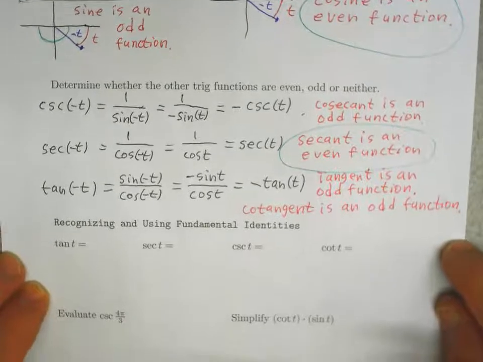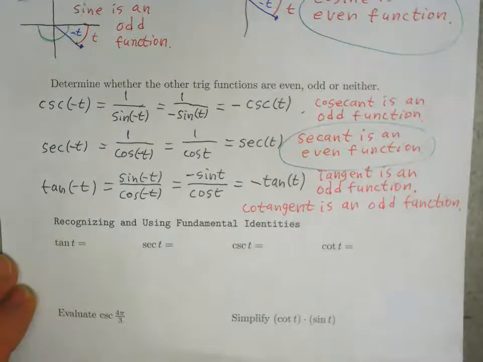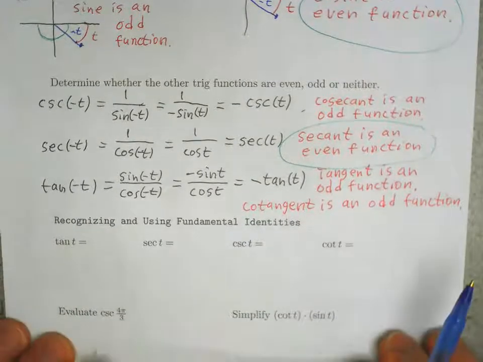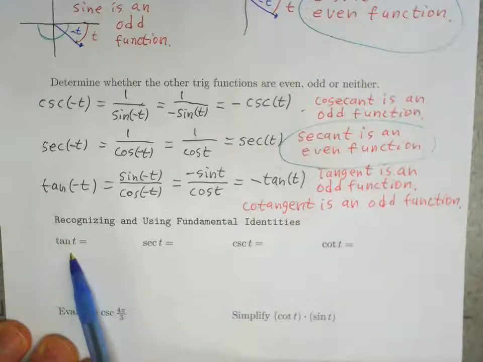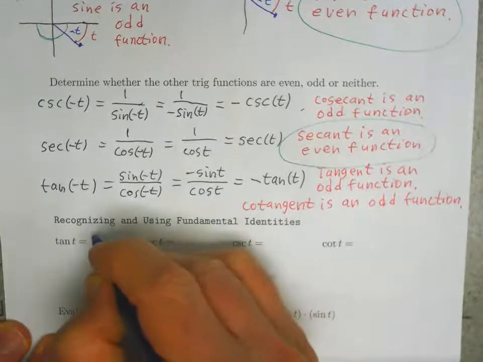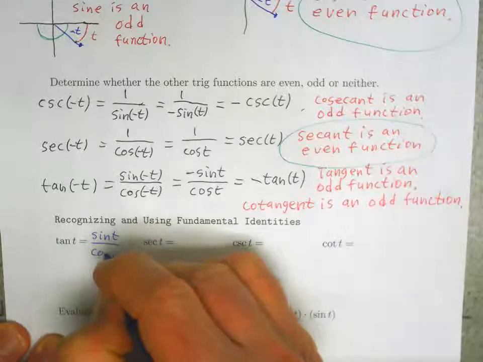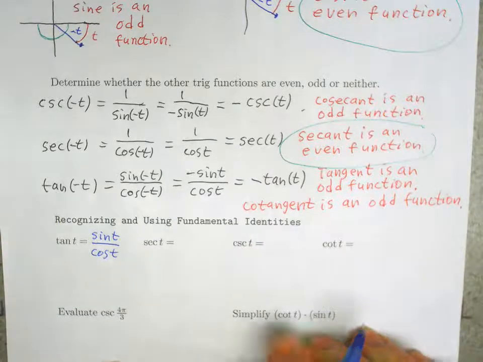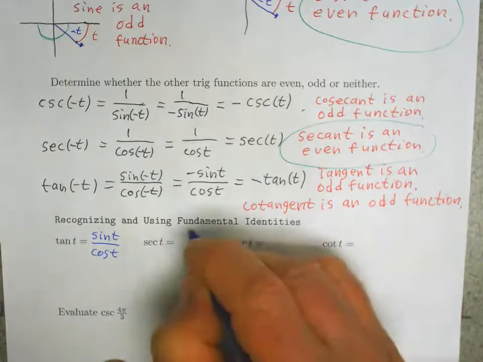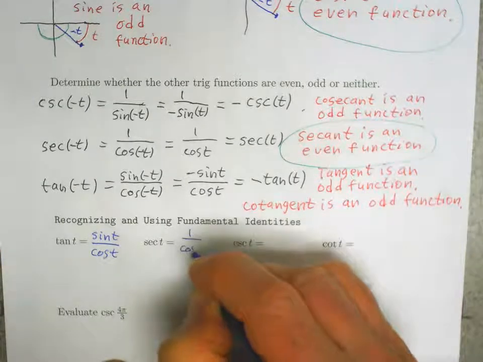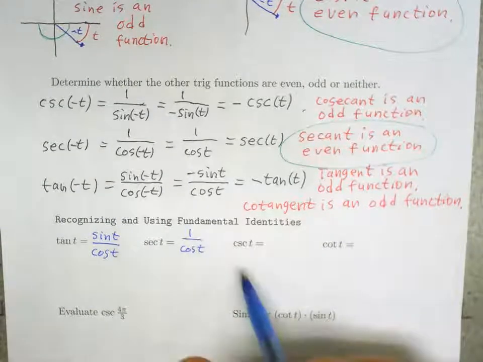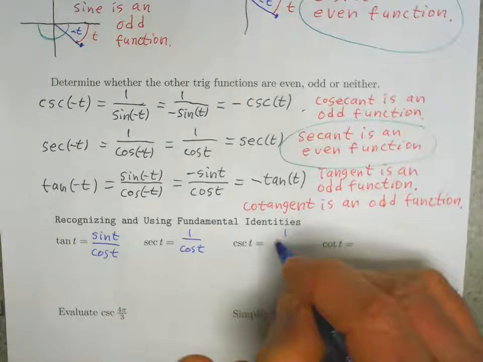Okay, we'll now write down some things we already know. Tangent of t is sine of t over cosine of t. Secant of t is 1 over cosine of t. Cosecant of t is 1 over sine of t.